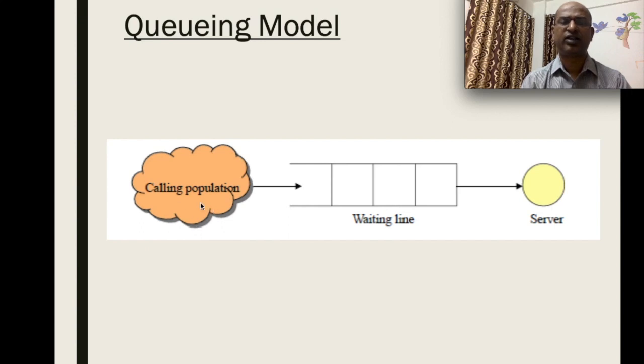From where the people are coming, they join a line, and finally they are being served. So there are three main components: one is the server, one is the customer who is coming and forming this queue, and this queue length. Together this forms a queuing model. And in this particular chapter, we will be discussing the queuing model and for what purpose we can use these queuing models.